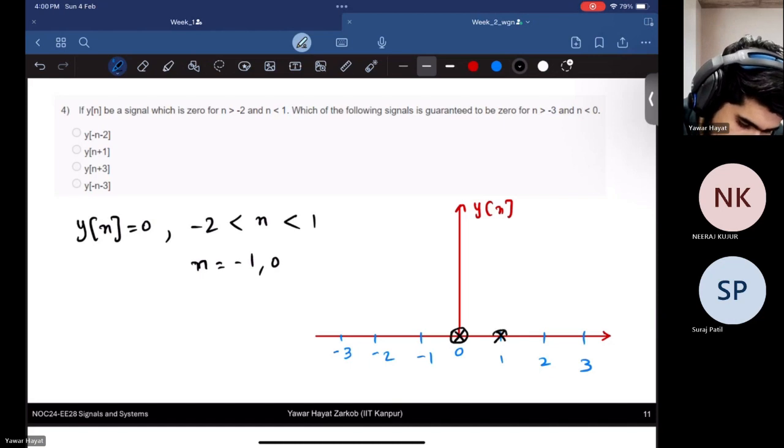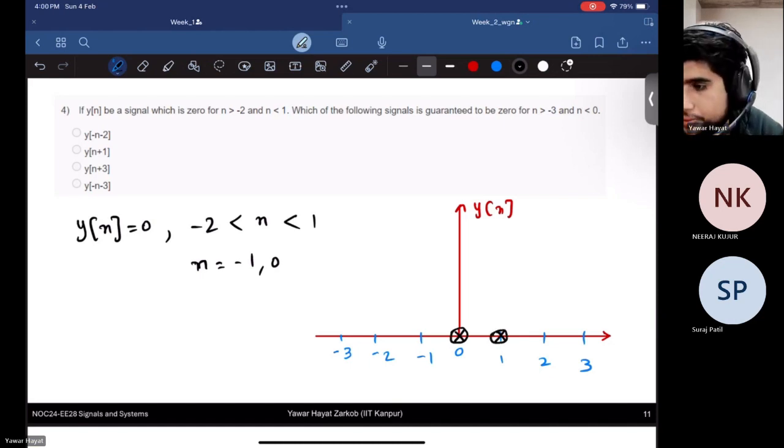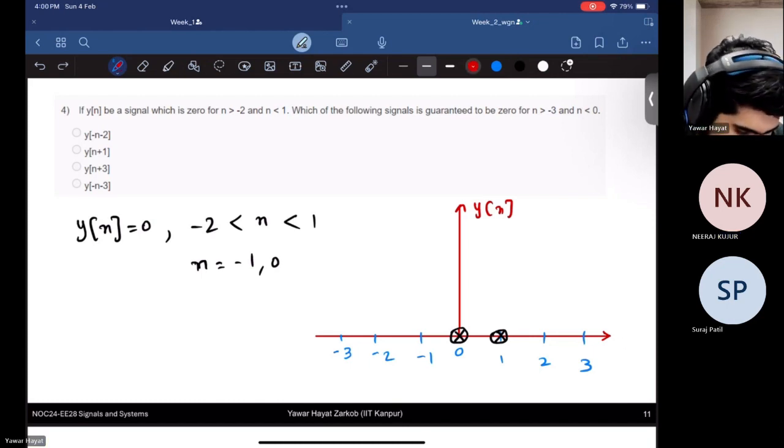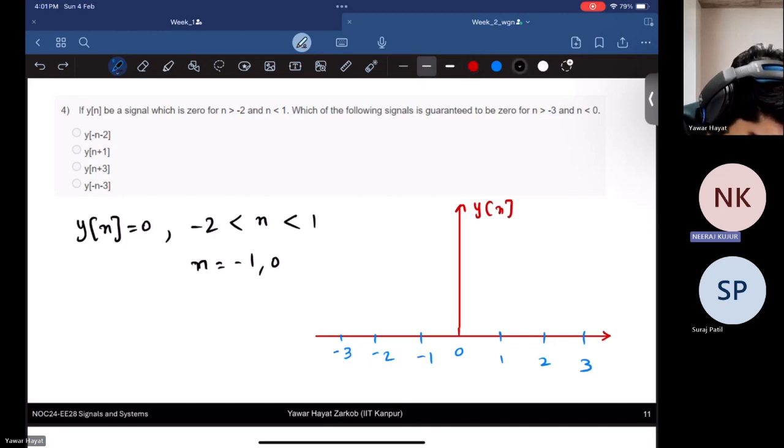It is 0 for these values of n. Sir, -1, you have marked +1. Oh, sorry. -1 and 0.